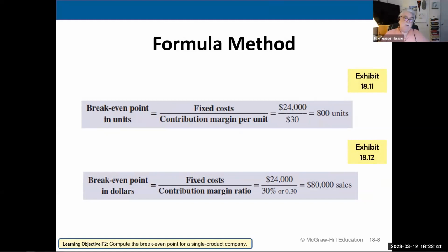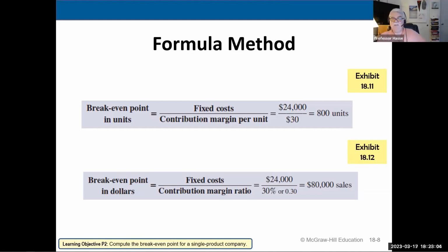What's that in dollars? Well, if I take $24,000, my fixed costs, and divide it by my contribution margin ratio, which is 30%, I know if I sell $80,000 of sales, I got my costs covered. So either way, units, 800, or $80,000 in sales.